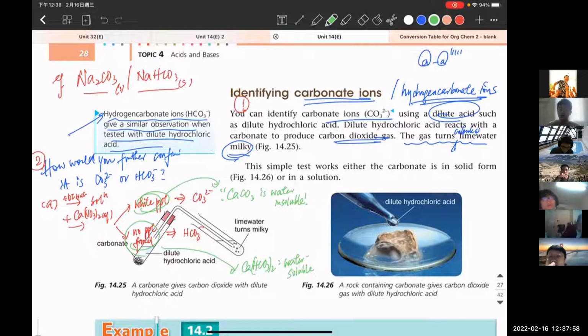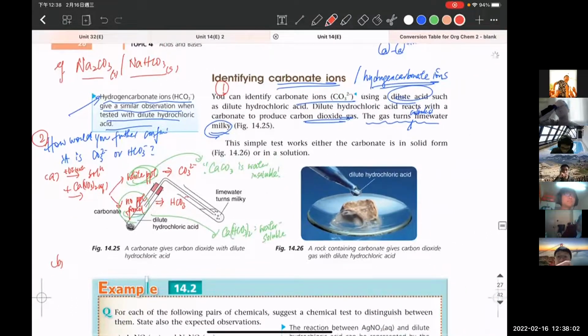And the second method that you may think of is by heating. Why? For the sodium carbonate, I heat it for long, there will be no observable change because there is no reaction. But for sodium hydrogen carbonate, while you heat it, what would be formed?